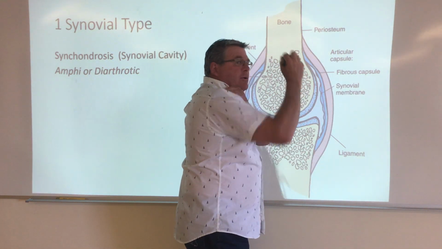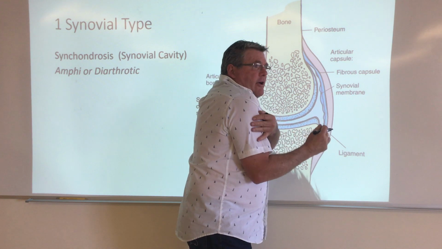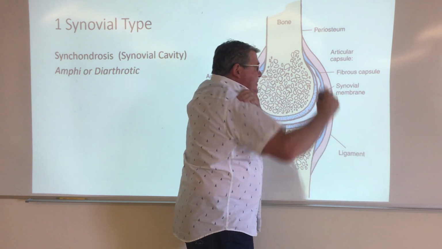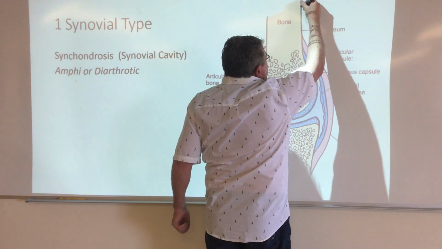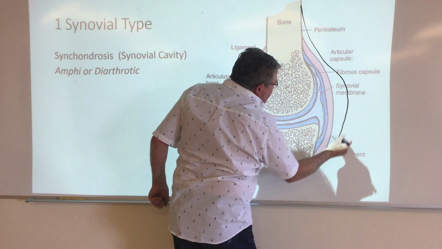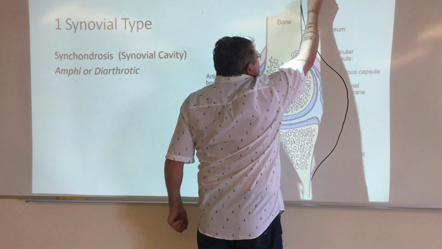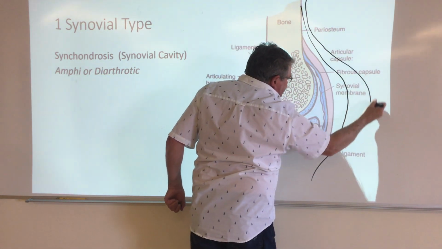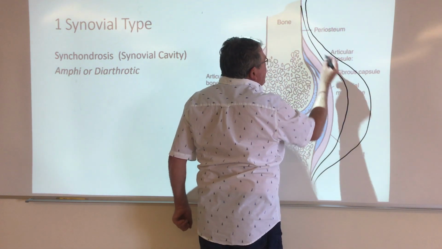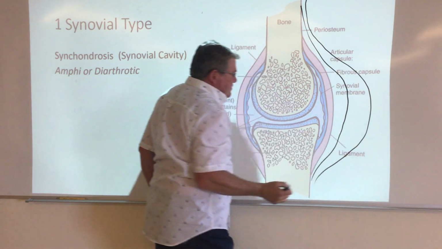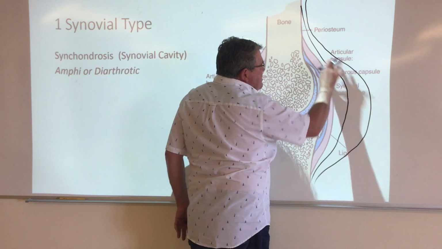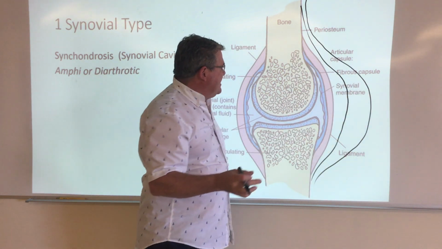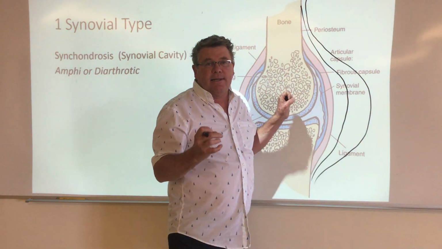Especially in something like the shoulder, there are muscles that run all the way across this synovial articulation. So, work with me. Here's a tendon to a muscle, back to a tendon. And you think, well, wait a minute, if this is moving, the muscle is going to get dragged across here and the muscle is going to get irritated.